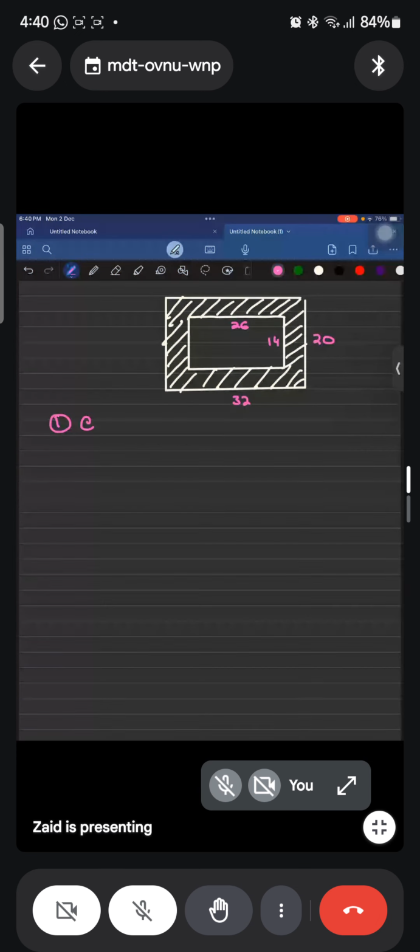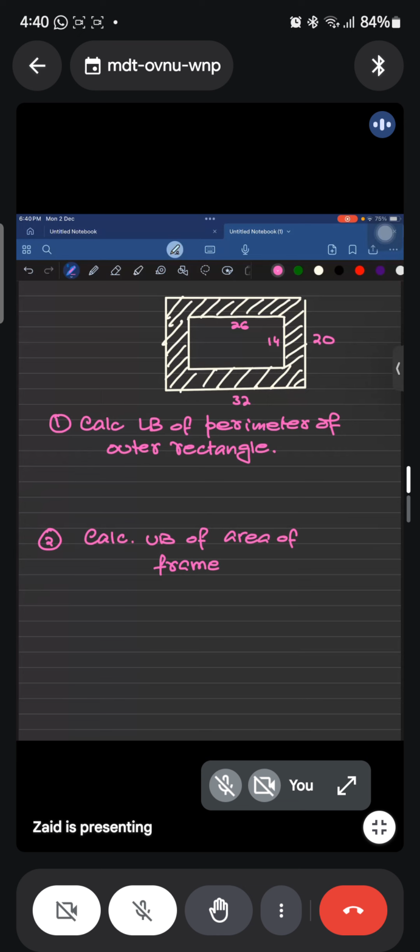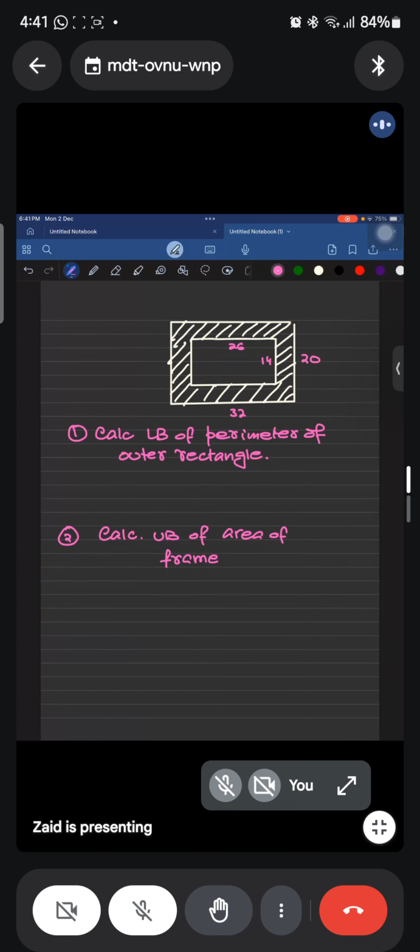Rectangle, and all the measurements are to be taken to the nearest centimeter. Okay. Two lengths plus two widths.